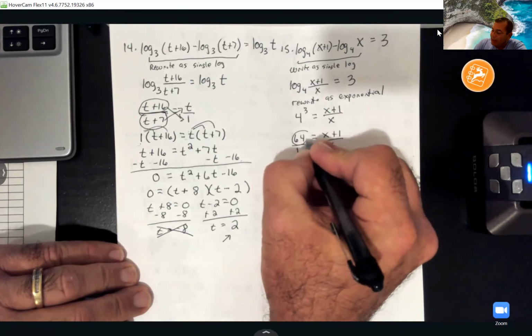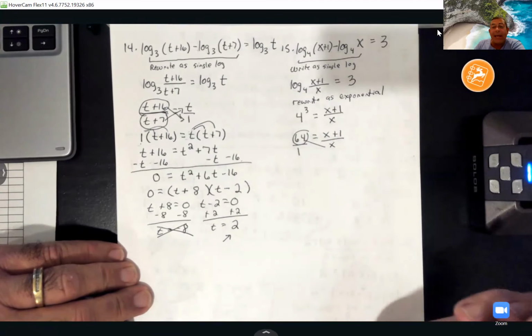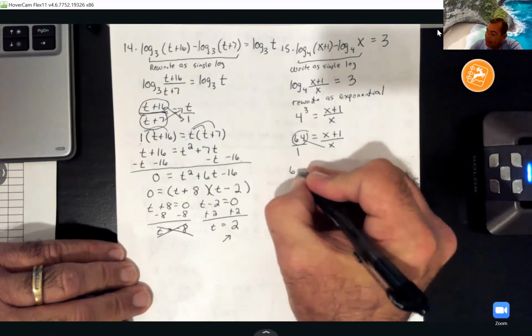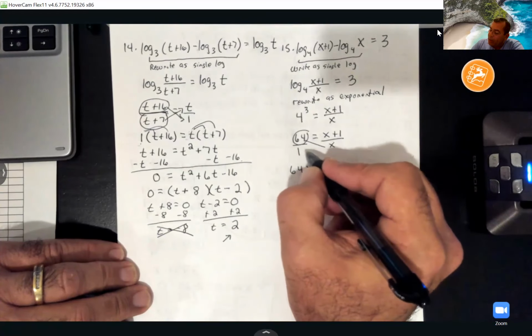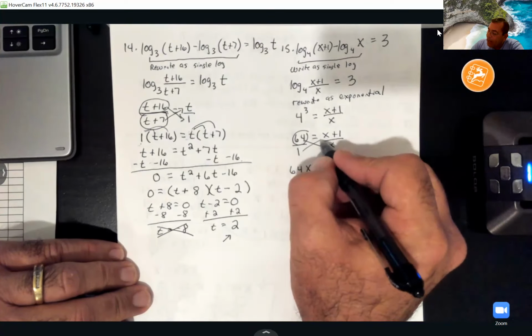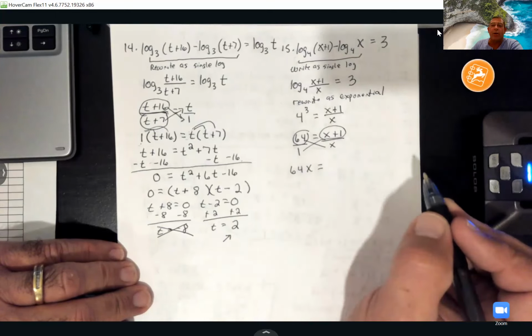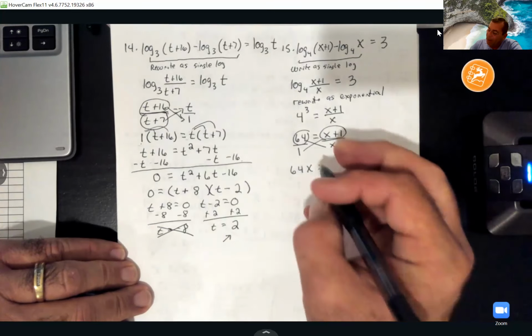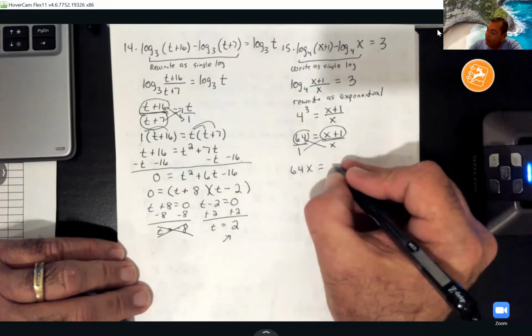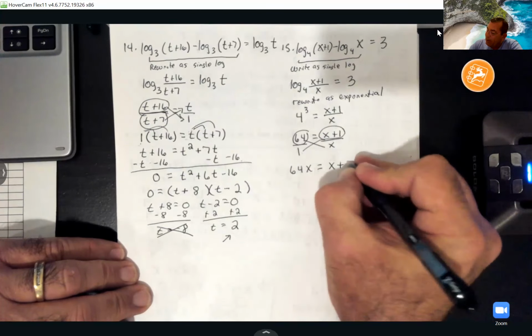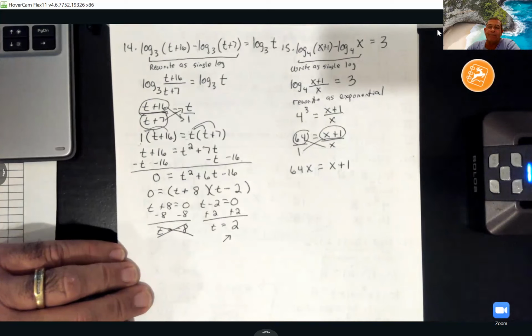So take this 64 times that x, and you get 64x. That's going to equal this 1 times that x plus 1 there. Well, 1 times x plus 1 is basically just going to be x plus 1, okay?